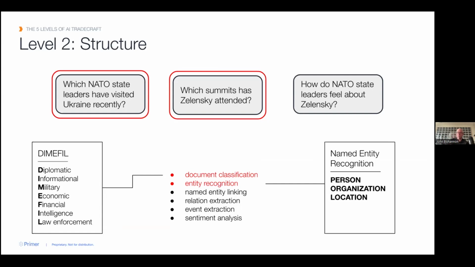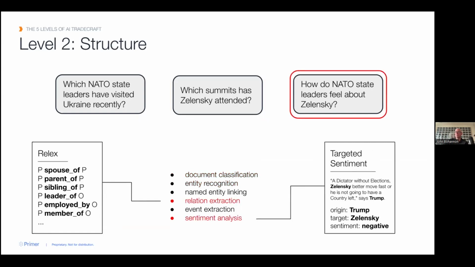But suffice to say, it's very, very handy when you've already found all the person, organization, and location entities mentioned in documents, because then you can search on them, just like good old-fashioned database search. So, for example, Zelensky as a person, but also those locations where those summits happened. Those are also pre-detected if you have named entity recognition up and running.